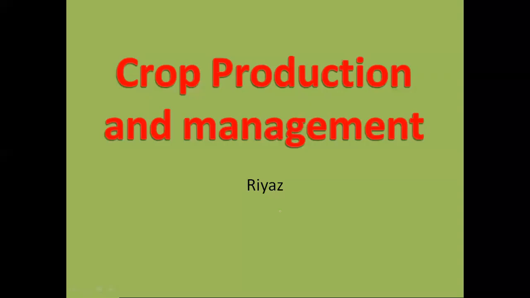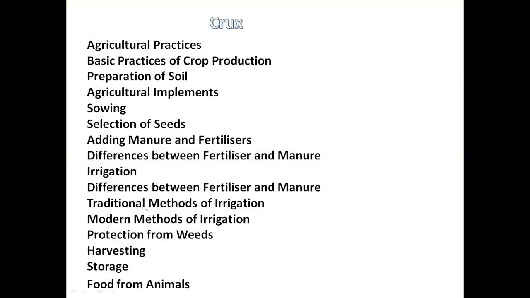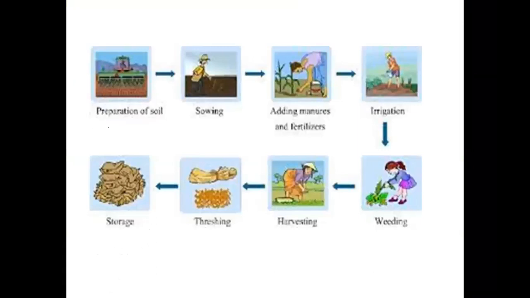Is the paper visible? Okay. So now you see, to do farming, we have got certain agricultural practices. First we need to prepare our soil before we actually sow the seeds.